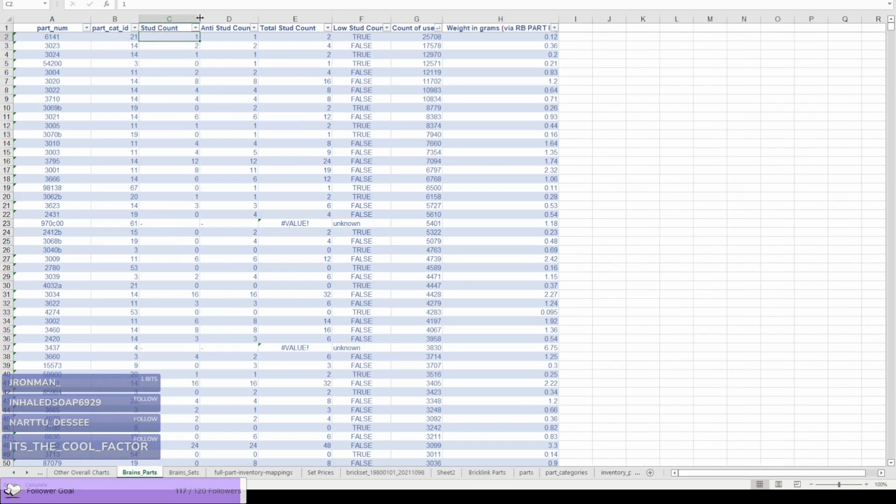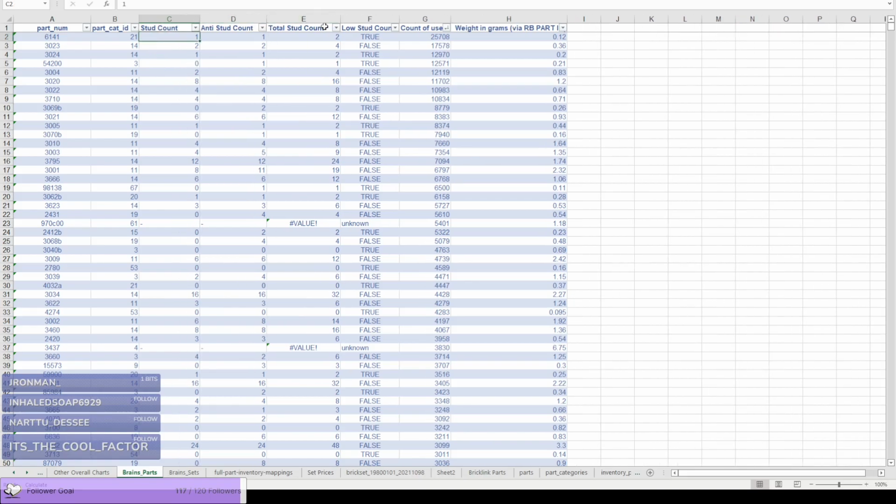So this is the stud count, this is the anti-stud count, and this is the total stud count for part number 61411. Because I can see this number, I can determine if it's lower than 3. If the stud count is lower than 3, I consider that a low stud count part.